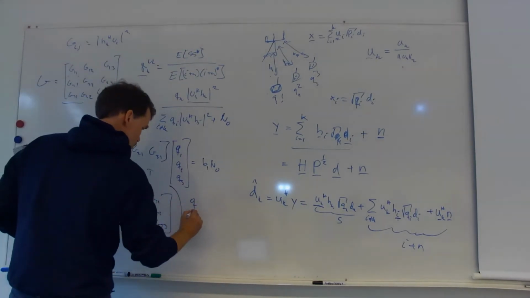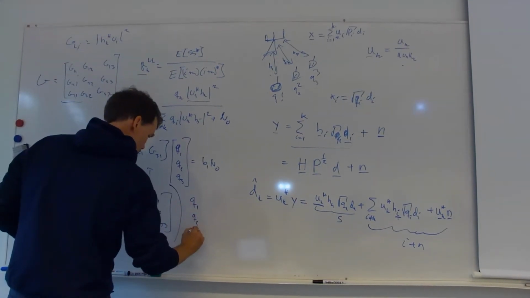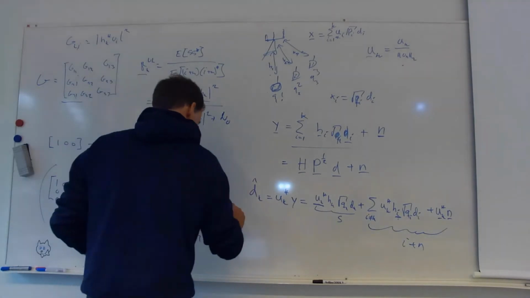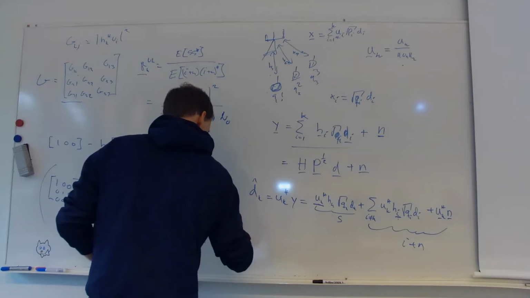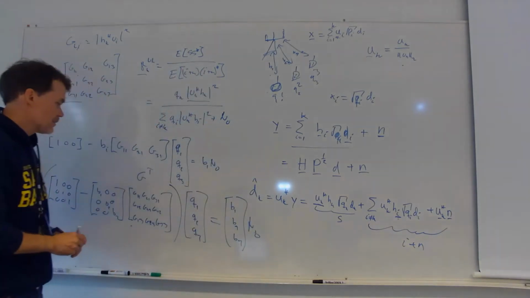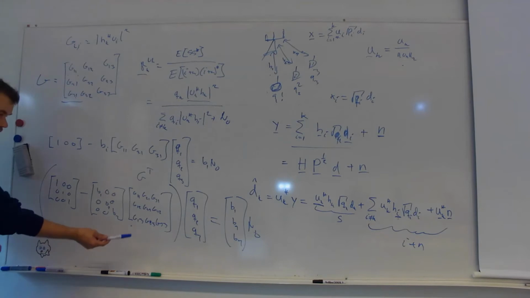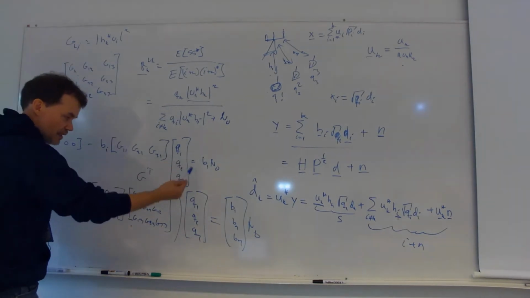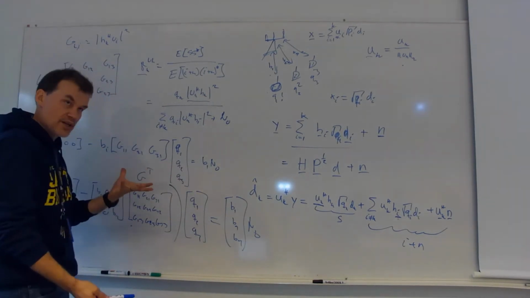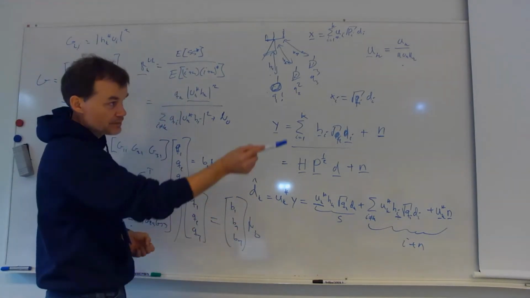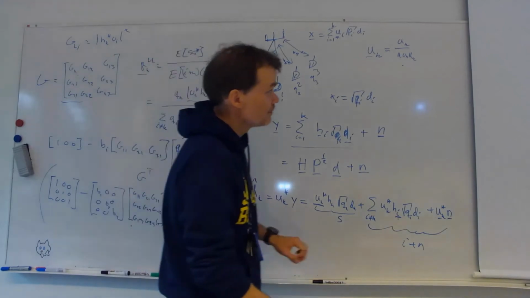Times 1, 2, 3 equals, right. So this identity matrix is the diagonal matrix of B's. This is the G transpose matrix. This is the uplink power allocation vector Q. This is the vector of B's. Right.